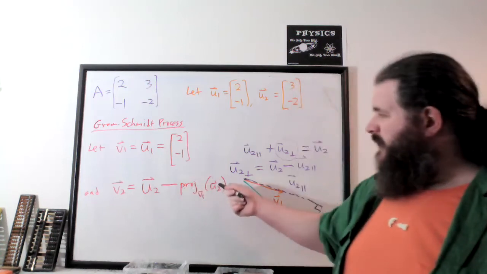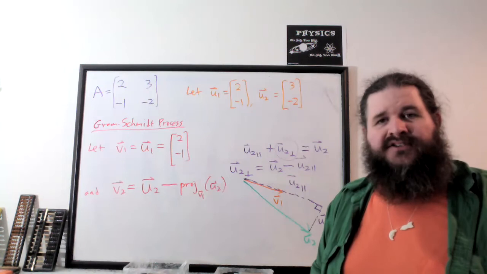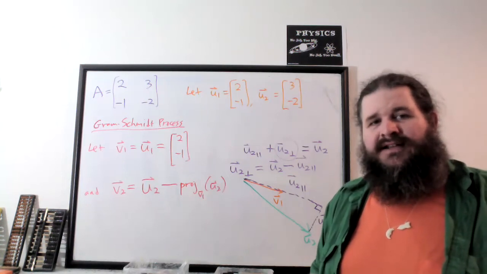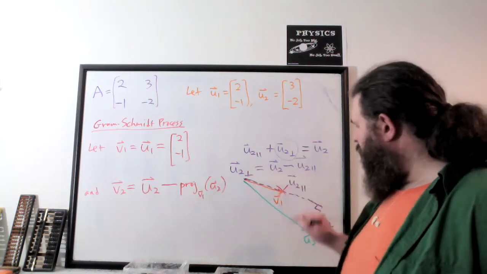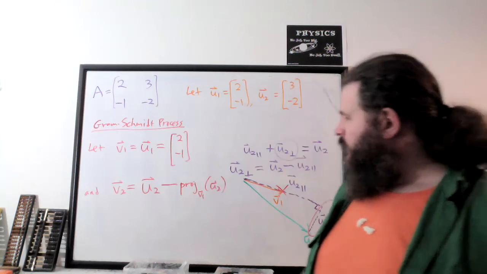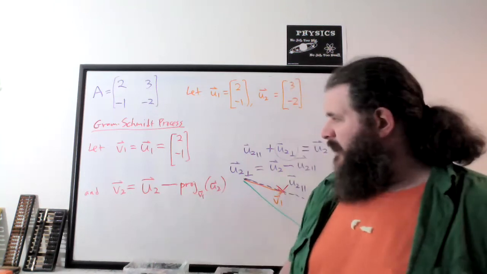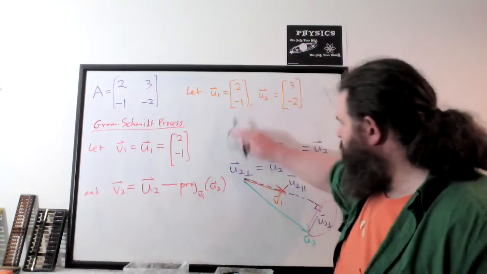By subtracting the projection of U2 onto the V1 direction, we're getting rid of everything in the V1 direction, so all that's left is guaranteed to be perpendicular to V1. So that's the projection we're getting rid of. All that's left is the perpendicular component. That's really the geometric scheme here: we're getting rid of everything that's not perpendicular so that all that's left is perpendicular.